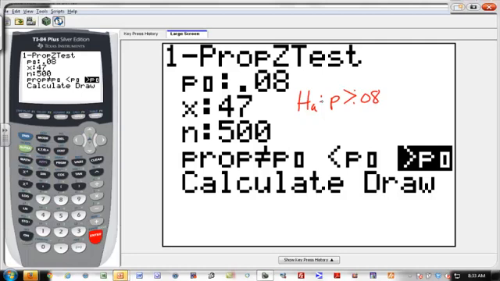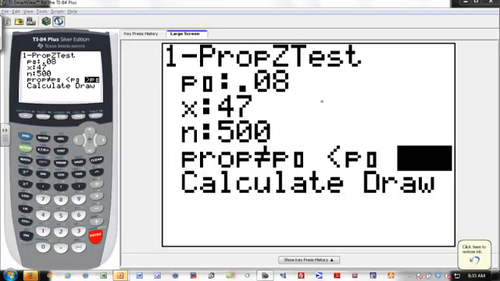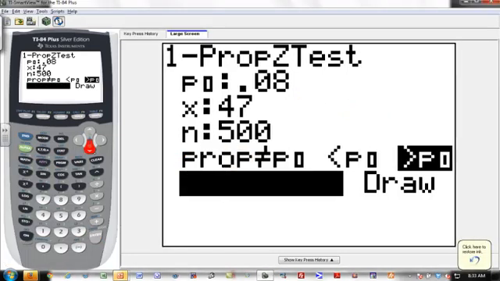We're going to reject the load of potatoes if we think the true proportion of blemishes is bigger than 0.08. This thing was our P0, right? So this thing is p. p greater than P0. And calculate.